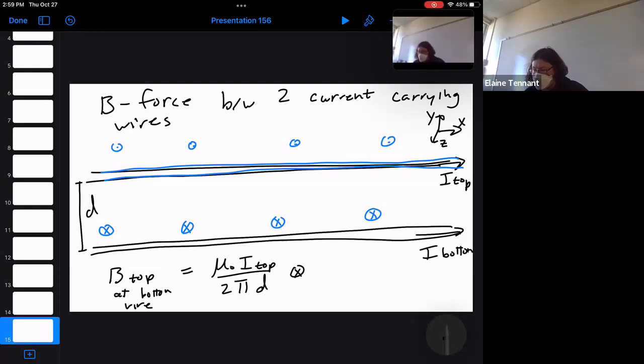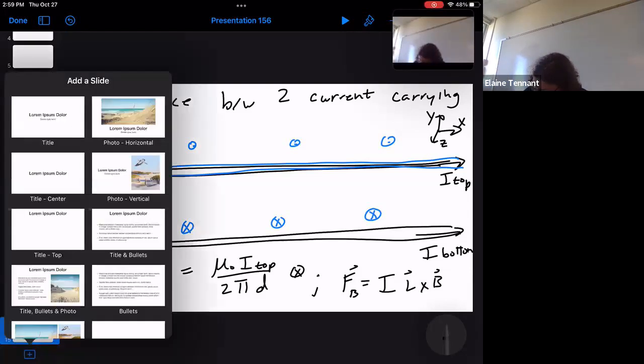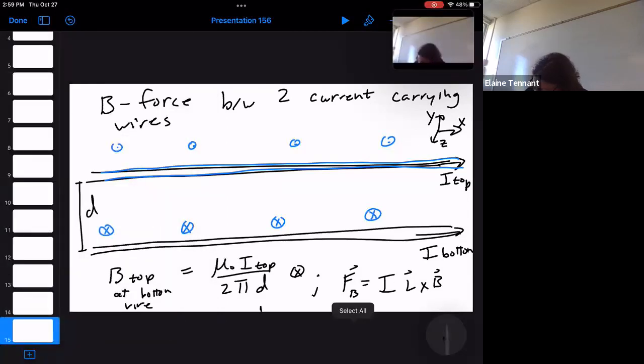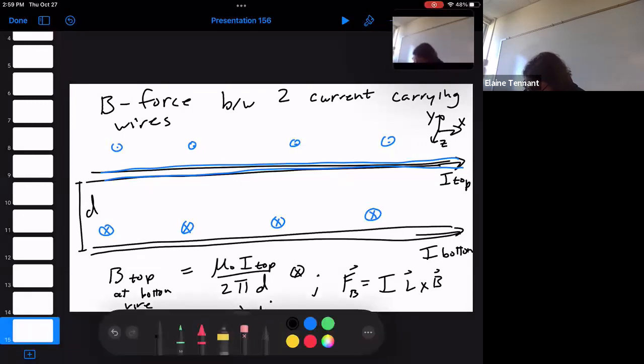Okay. Next, we know that the magnetic force on a wire is the current times L cross B. Okay, so I'm going to look at the force exerted on the bottom wire here, where the current's going that way, so L would be going in the same direction as the current.